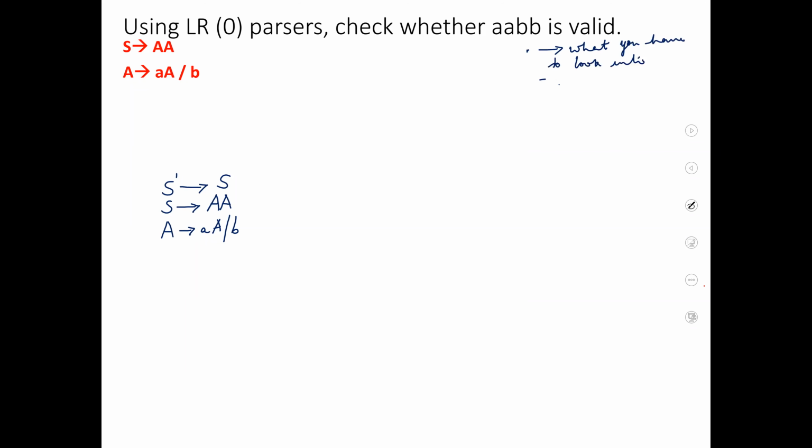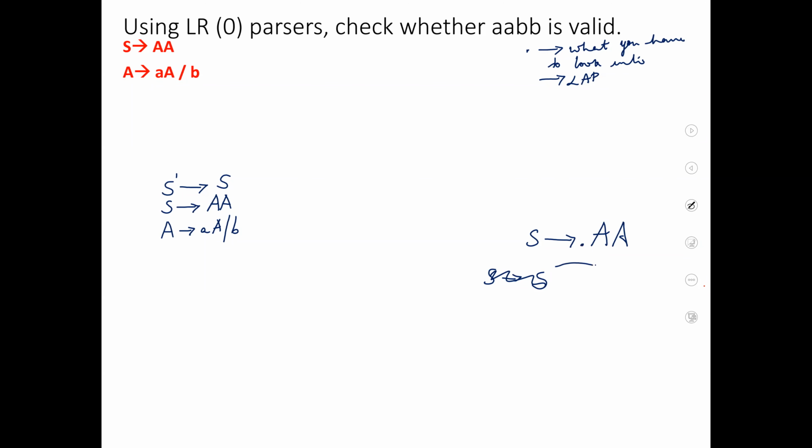If I write something like this, I have a rule like this, S is AA. This is my rule. Now, initially, my dot will be over here, the leftmost, which means I have to look into A followed by an A.